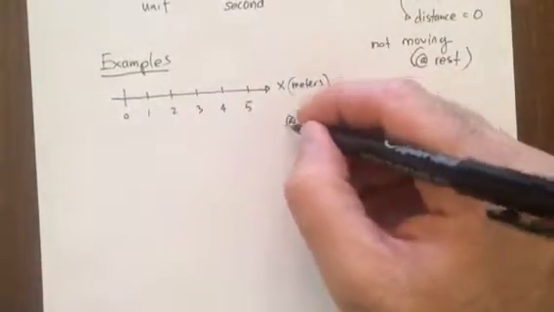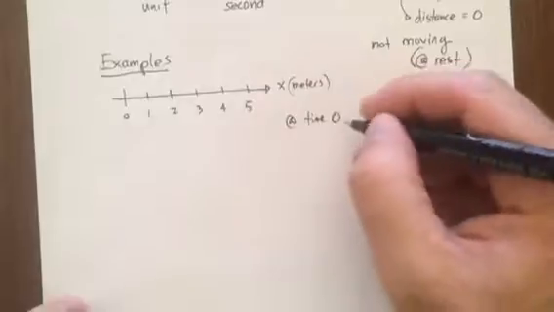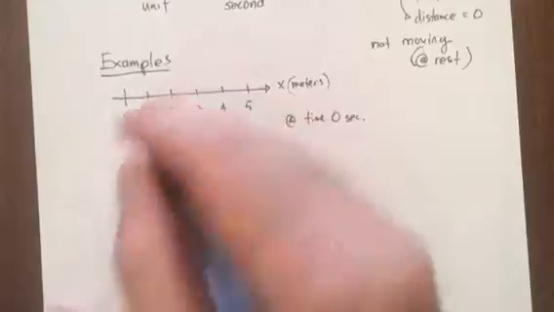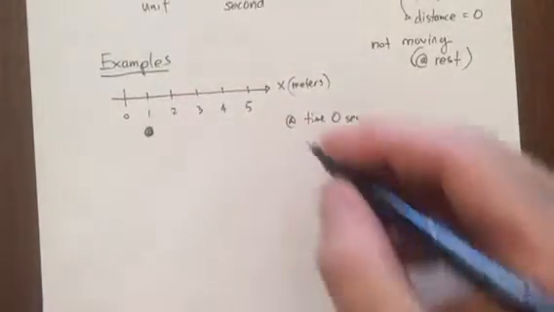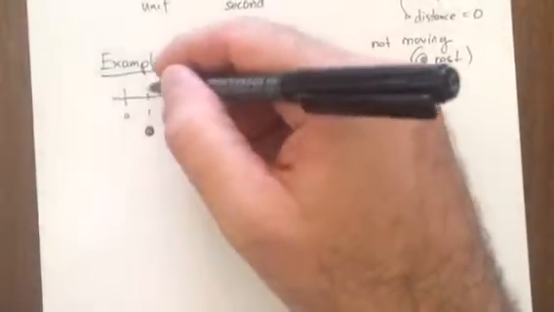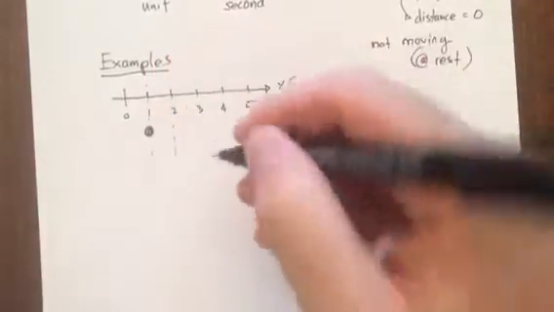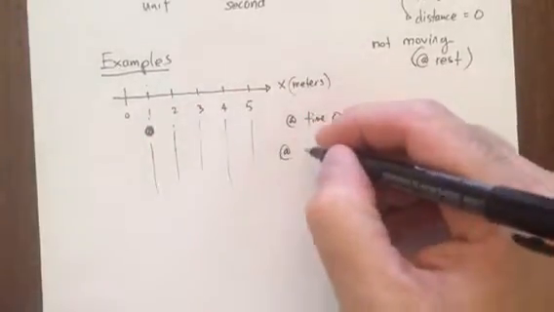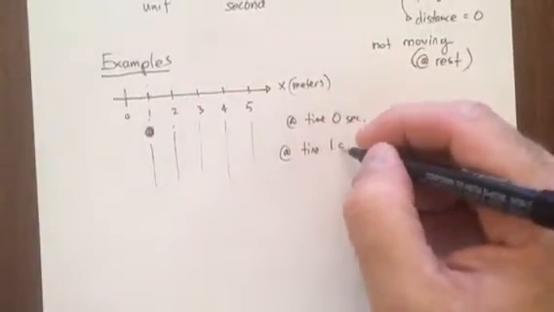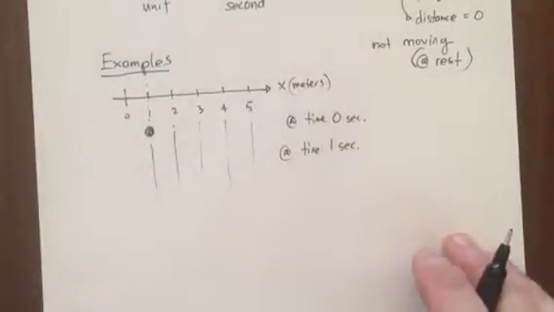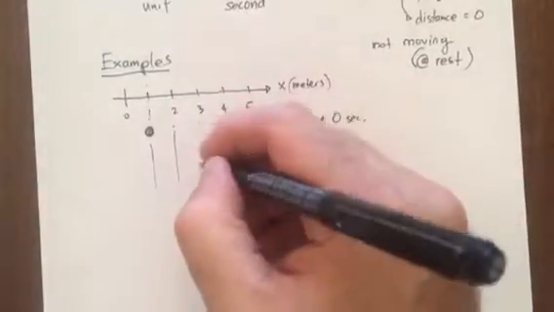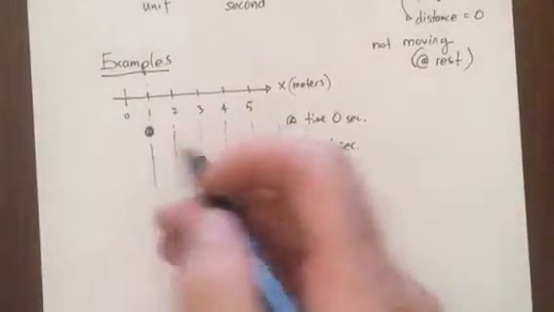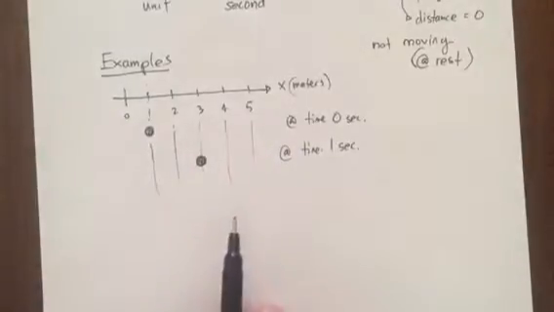At time 0, meaning we are just starting, our time is 0 seconds, we are at this position of 1. Some time later, at time 1 second, or we started our stopwatch and it was 1 second later, we are at a position of 3 meters at that time, that means we must have had some velocity because we moved.